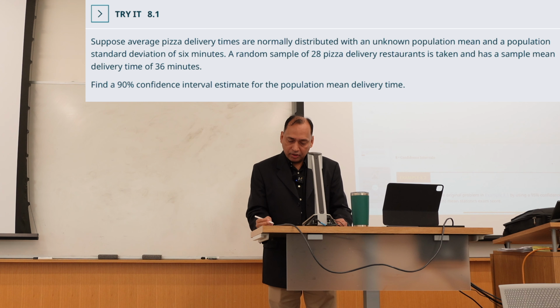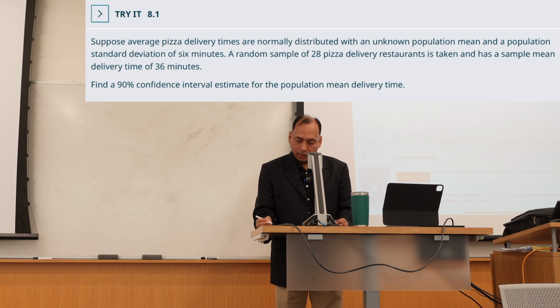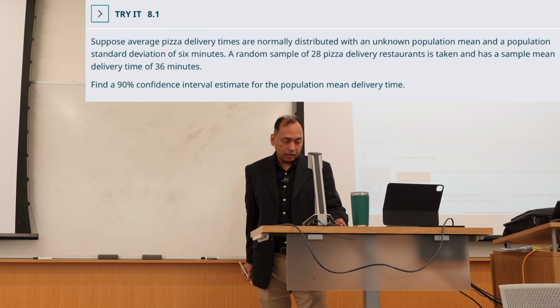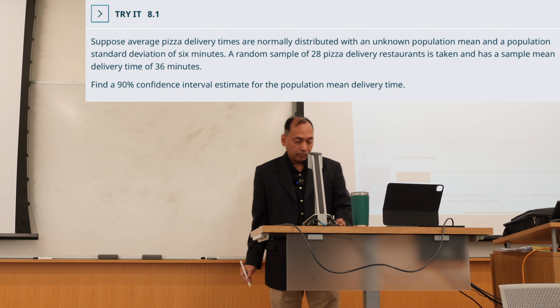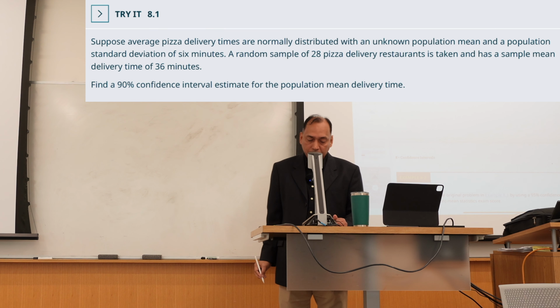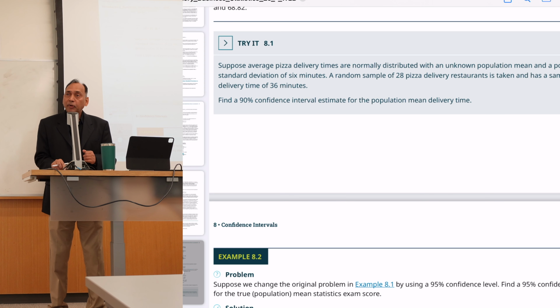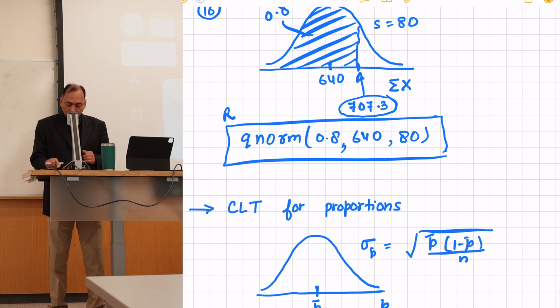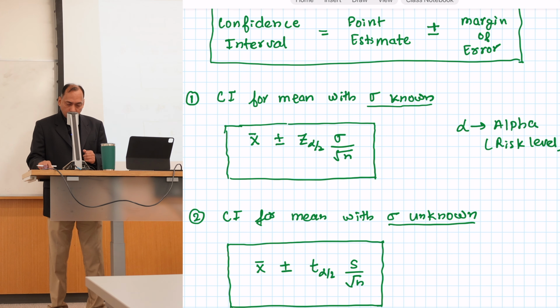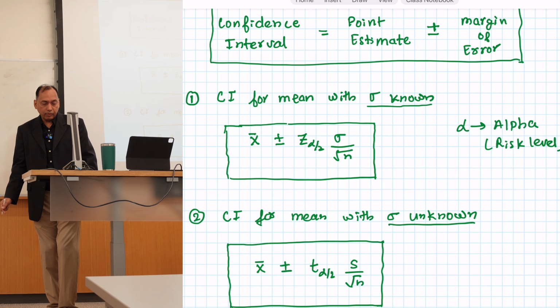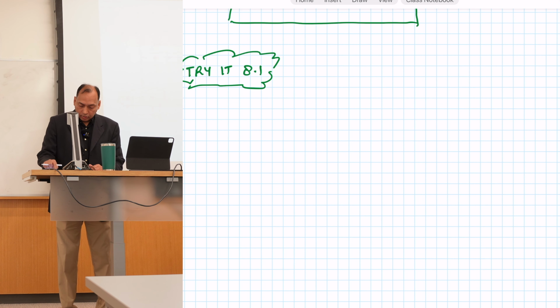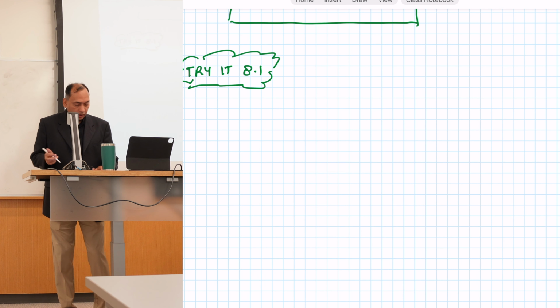restaurants is taken, and they have a sample mean delivery of 36 minutes. Find 90% confidence interval estimate for population mean delivery time. This fits in with the first situation. Situation 1, confidence interval when sigma is known. So let me capture what is given first.